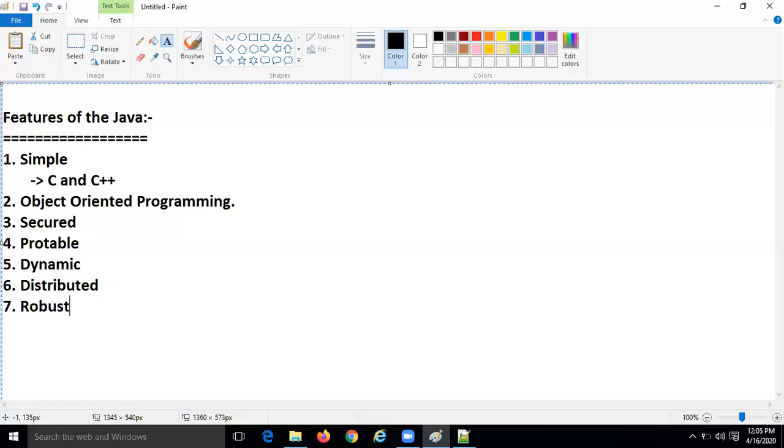The next one, Java is a robust programming language. Robust means, in general meaning, it is strong. But Java doesn't have any six-pack body. Robust means it is strong. Where is it strong? One is memory management and number two is exception handling.